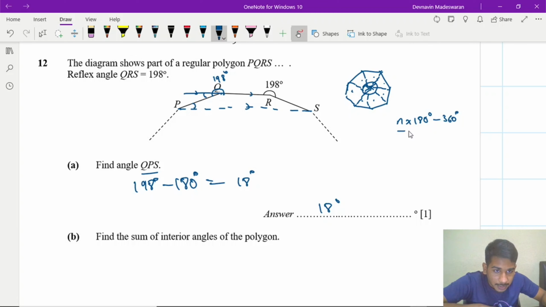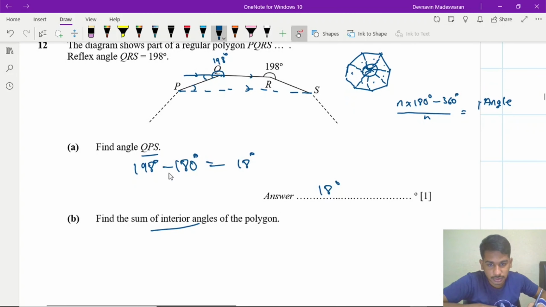And if we divide it by n, that will give us one angle. So this doesn't help. You know why? Because they're asking for the sum of interior angles, and we only know one angle, which doesn't seem to help, right? Maybe it does. I'm not sure. Let's just write it down.